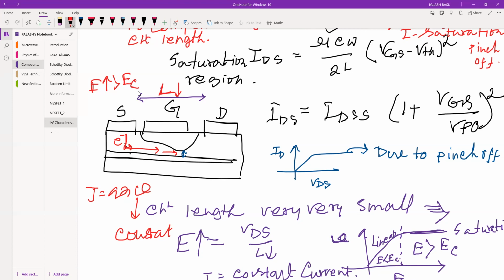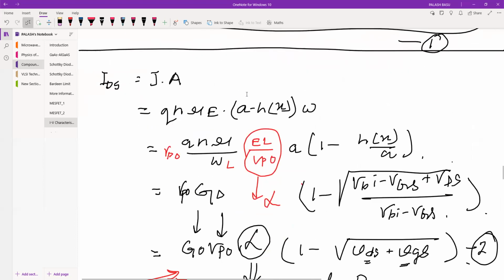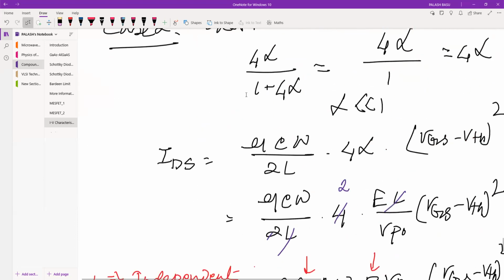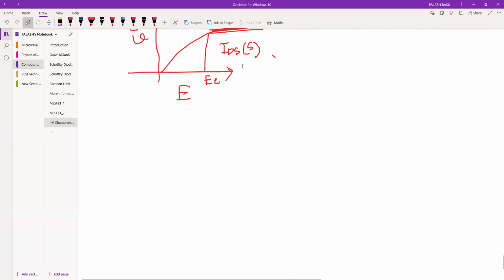So with this argument, for approximately 5-6 years, all the compound semiconductor research was stopped. After that, there is one invention, and that is called the velocity overshoot effect. And that dramatically changed the situation of this compound semiconductor region.